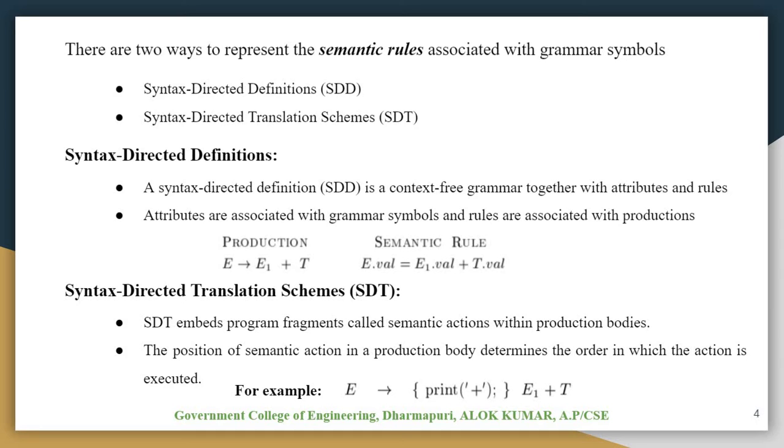So SDD, syntax directed definition, we can define this way. A syntax directed definition is a context free grammar together with attributes and production rules. Attributes are associated with grammar symbols and rules are associated with productions. Suppose here you can see this is the production rule: E generating E plus T. So the semantic rule we can write: suppose val is one attribute of capital E, so we write E.val equals E1.val plus T.val. Why have we written E1?